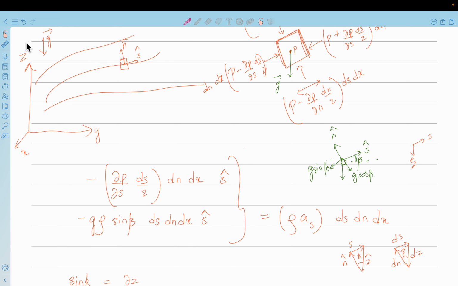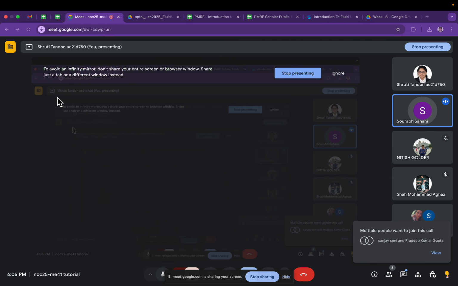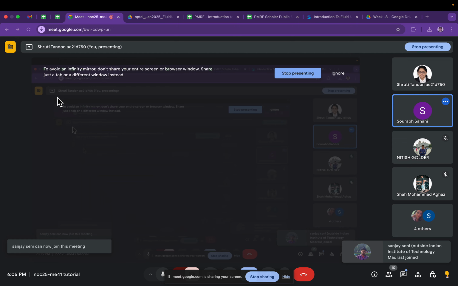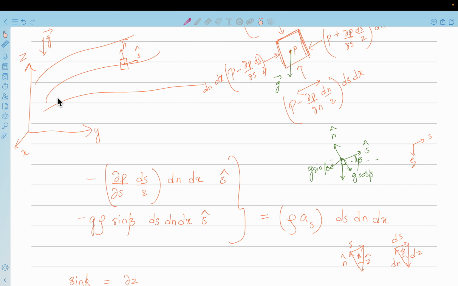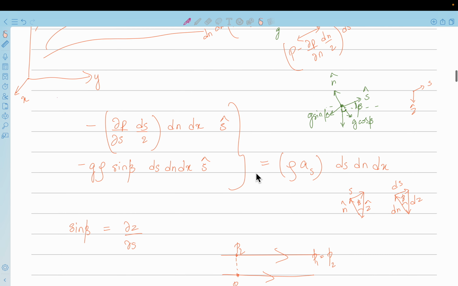Z is the perpendicular coordinate. Yes. So that is a doubt. Oh, okay.